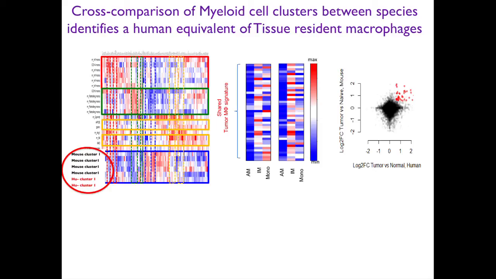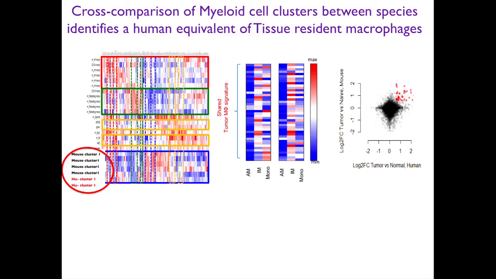What you can do is go back and do this cross analysis to infer different functions to each of these different clusters that we identified in the human, using the mouse as a functional system. So we believe that we identified clusters in a human lesion that resemble very much the mouse clusters.